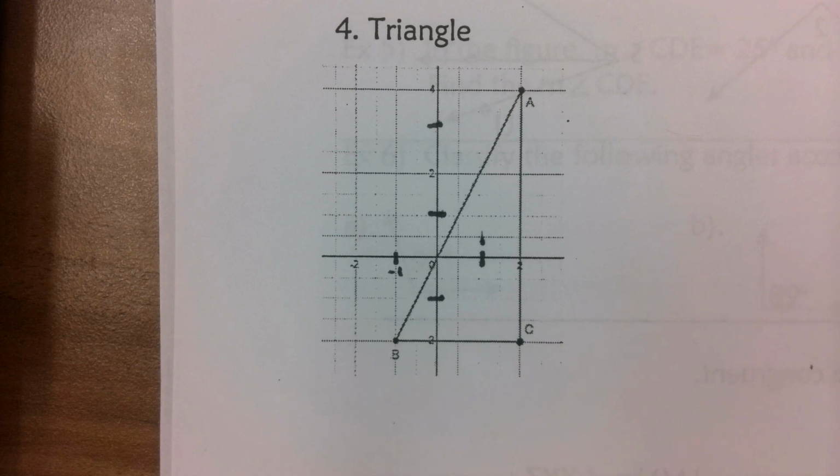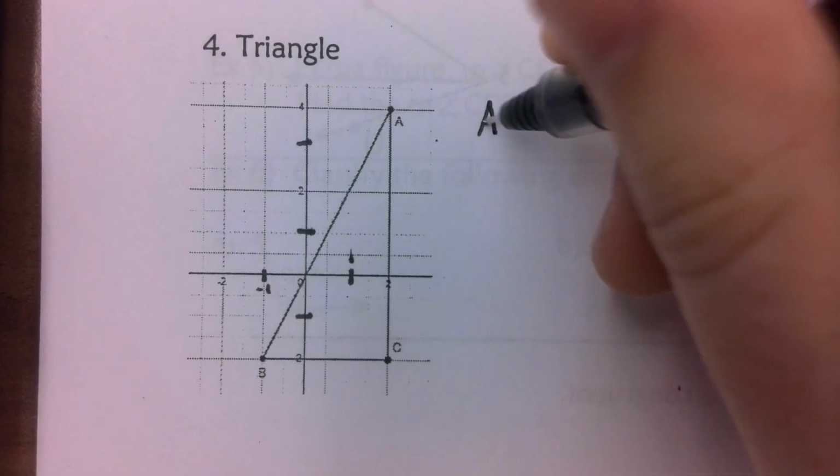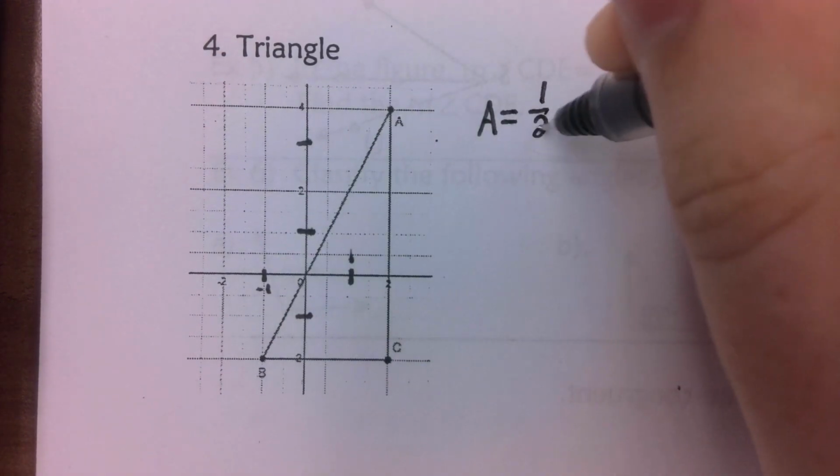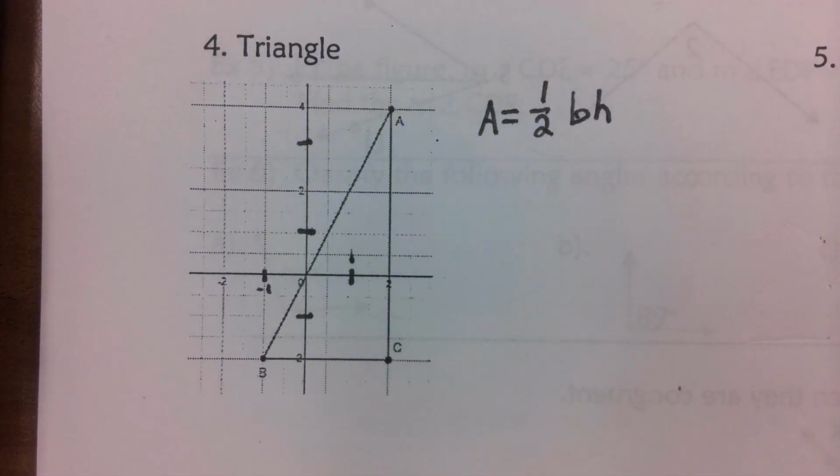In order to find the area and perimeter of this triangle, we're still going to use the same formulas, but we need to know some information before we can use it. To find the area, for instance, we need to know the base and the height. With this triangle in particular, though, it's quite easy. We can just count it out because the base and the height are both straight lines.